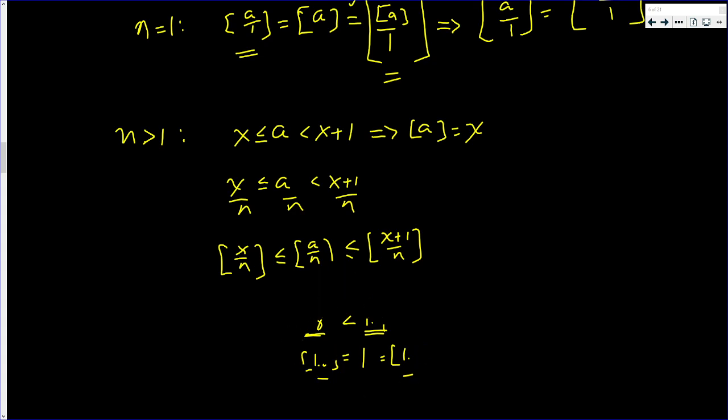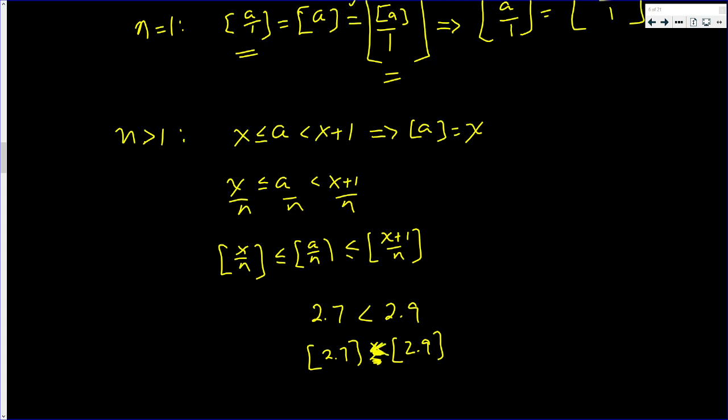You're not going to have 2.7 is less than 2.9, but the greatest integer of 2.7 is suddenly bigger than that. That you won't get. You might get less than or equal.